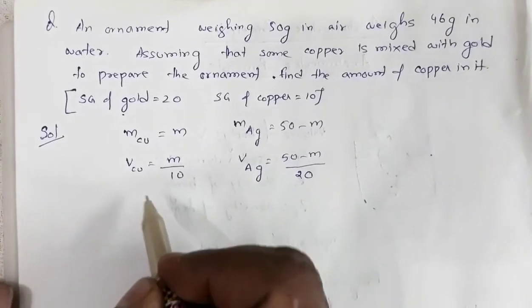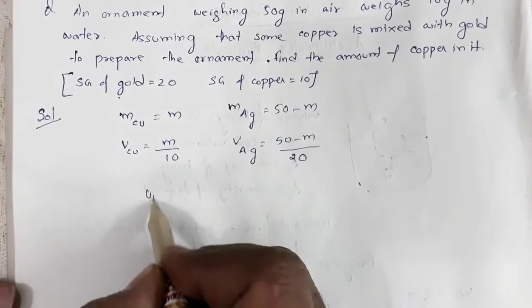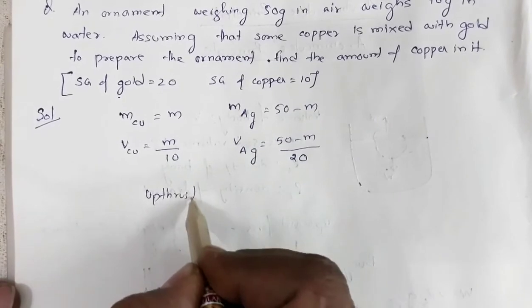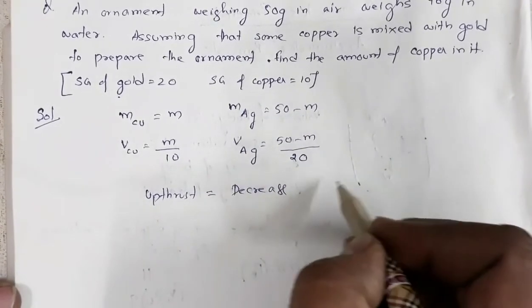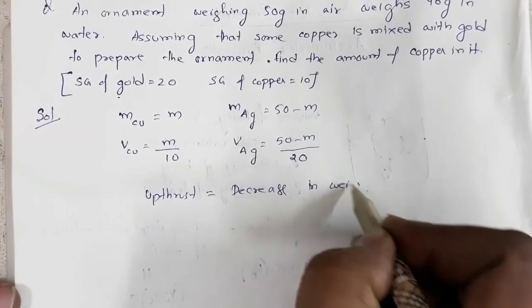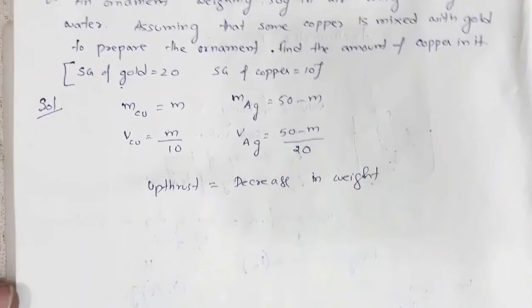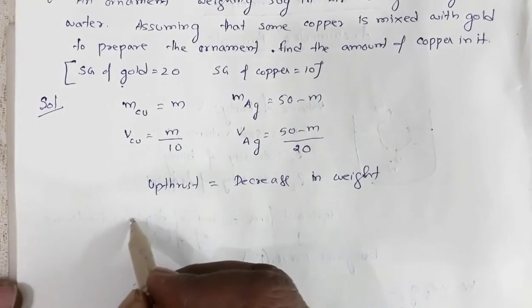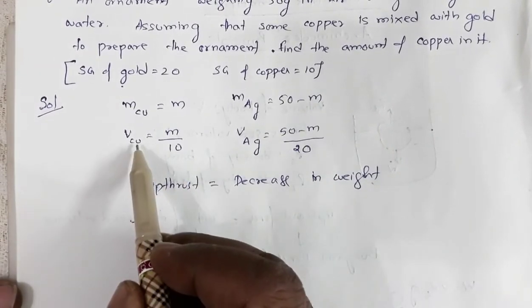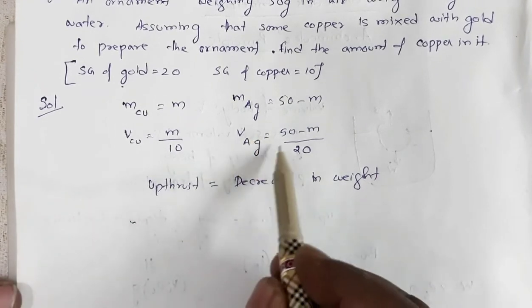Now see, upthrust is equal to the decrease in weight. So upthrust is the upthrust due to the copper part plus the upthrust due to the gold part.